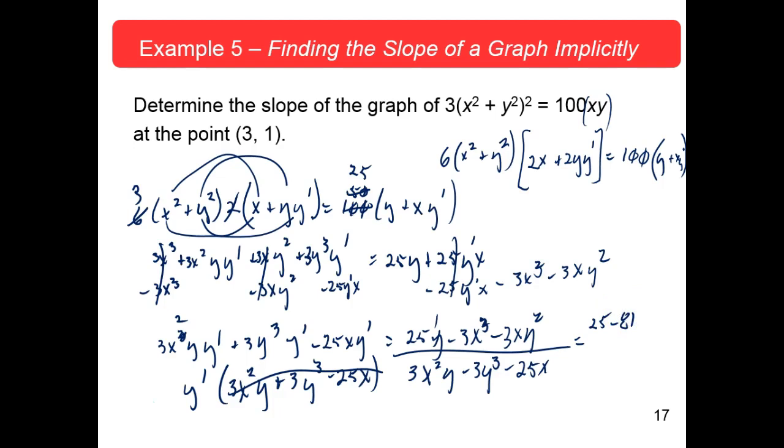Okay, never mind. 3 times 3 is 9 times 1 squared. I can do that. So that's just minus 9. Over, your denominator is 3 times 3 squared, which would be 27 times 1 would be 27. Minus 3 times 1 is 3 minus 75, right?